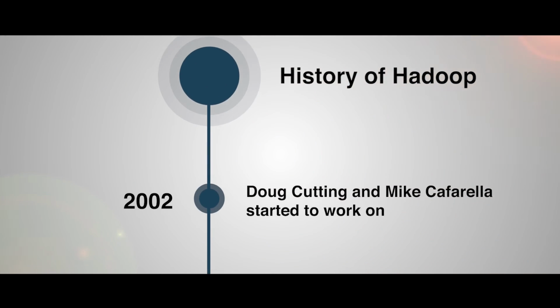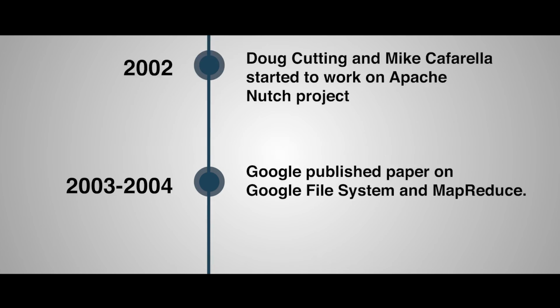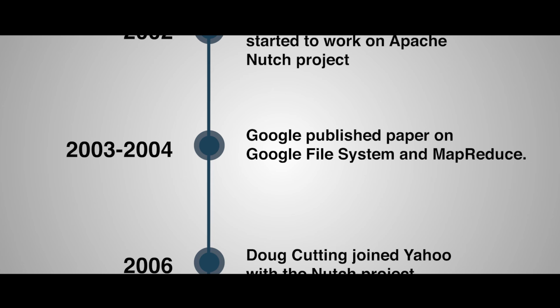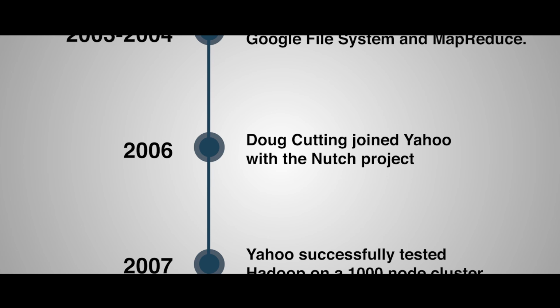Let's summarize the history of Hadoop. It all started in 2002 when the developers of Hadoop started their work on Apache Nutch. In 2003 and 2004, Google published papers on MapReduce and Google File System. In 2006, Doug Cutting joined Yahoo with the Nutch project.